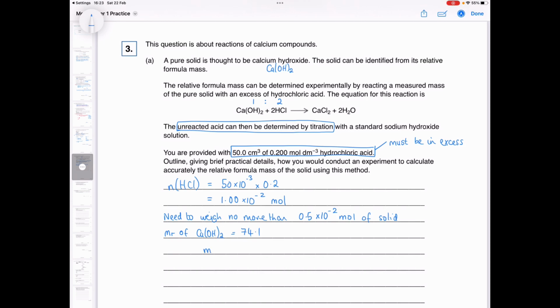So the mass is equal to Mr times the number of moles, and that gives us 0.3705 grams.